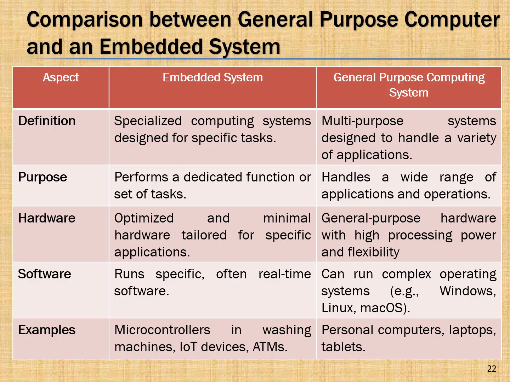But general purpose computers can run complex operating systems such as Windows, Linux, Mac OS, etc. Examples: microcontrollers in washing machine, IoT devices, ATMs, etc. are the examples of embedded system. And in case of general purpose computer system, personal laptop, tablets, personal computers, etc. are the examples of general purpose.